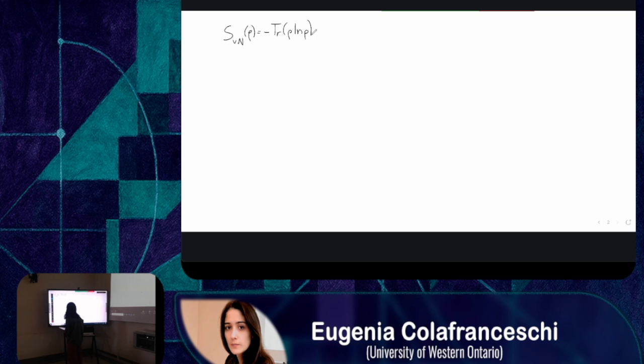Now, usually this is very difficult to compute because of the logarithm. A quantity that is much easier to compute is the trace of rho to a power instead of the trace of the logarithm. And we are using the fact that we prefer to compute this quantity than that quantity to actually compute the von Neumann entropy through the so-called replica trick.